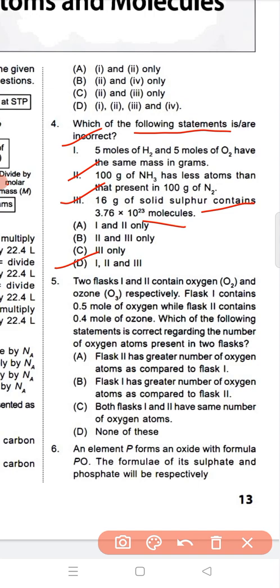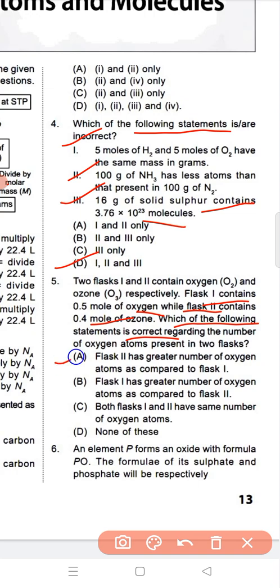Now question number 5. Two flasks, 1 and 2, contain oxygen and ozone respectively. Flask 1 contains 0.5 mole of oxygen, while flask 2 contains 0.4 mole of ozone. Which of the following statements is correct regarding the number of oxygen atoms present in the flasks? Ozone means O3 and oxygen means O2.